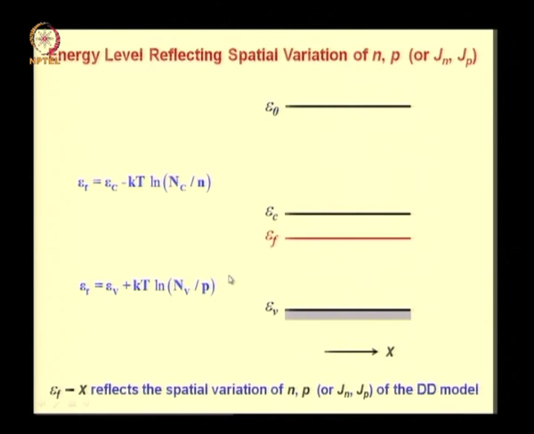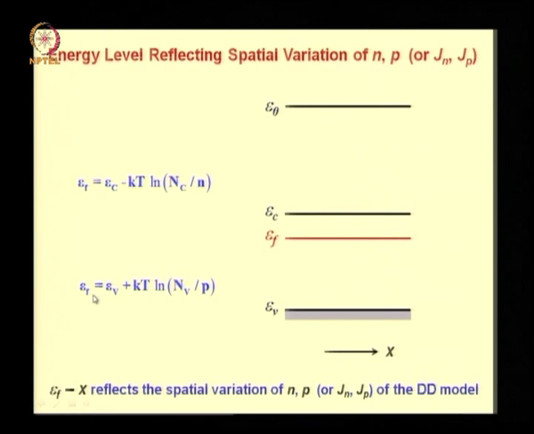We will see later that in general in non-equilibrium, the EF associated with the electron concentration, called the EF suffix n or quasi Fermi level for electrons, is different from EF suffix p, that is the quasi Fermi level for holes, which reflects the non-equilibrium hole concentration.